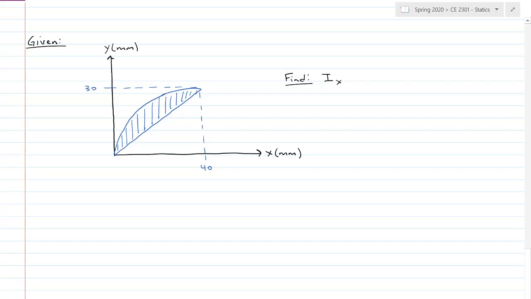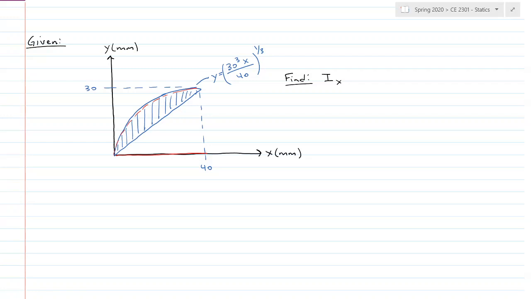So what I'm going to do is pick the x-axis here and take this first area, as defined by the equation y is equal to 30 cubed x divided by 40 to the 1/3 power. And that's just how I had it written, so there you go.